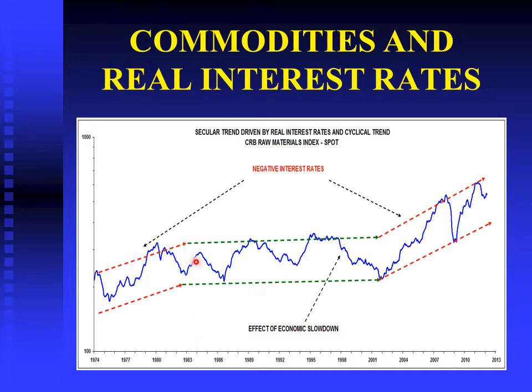Then interest rates were above inflation and commodities didn't do anything. They're absolutely flat until 2001. In 2001, short-term interest rates went below inflation, money was cheap, and commodities rose. So the bottom line is, if real interest rates are below inflation, the trend of commodities is up.